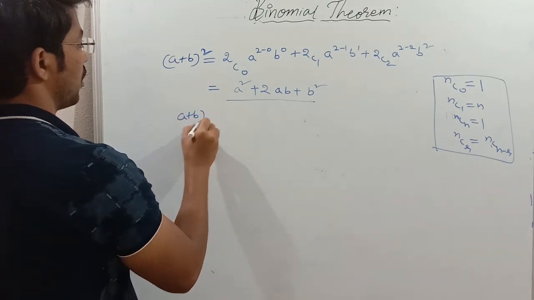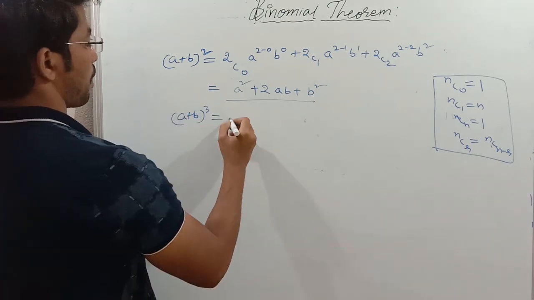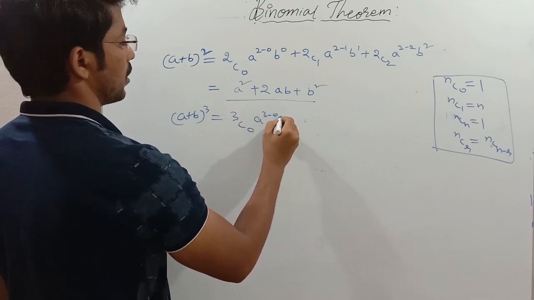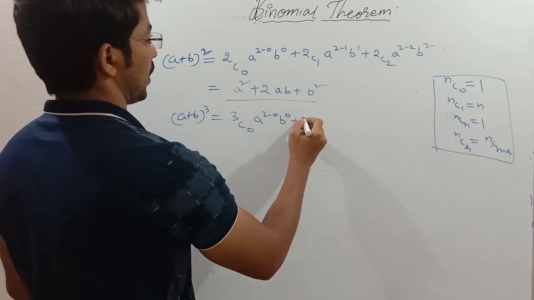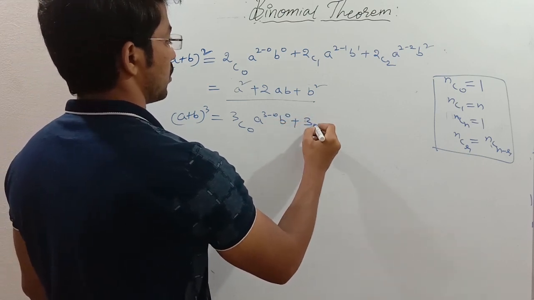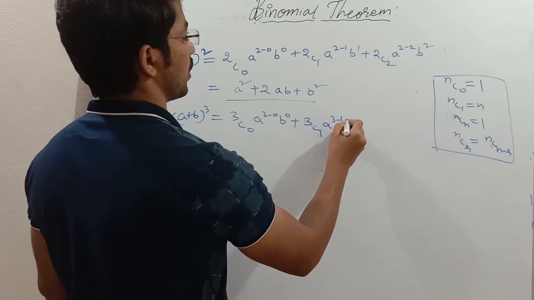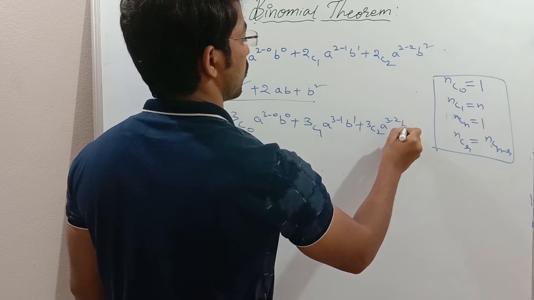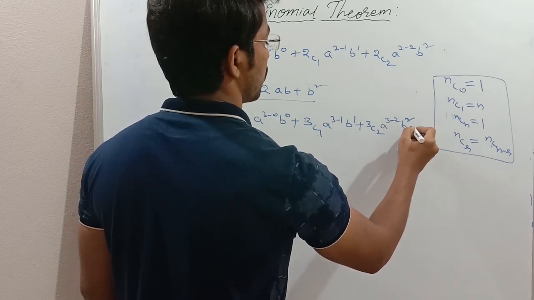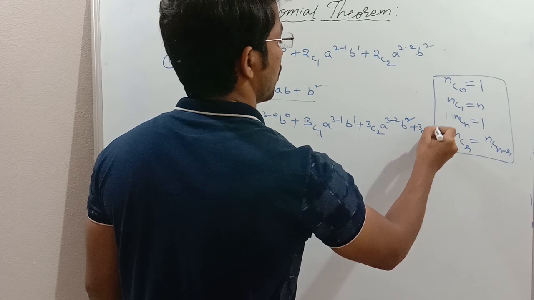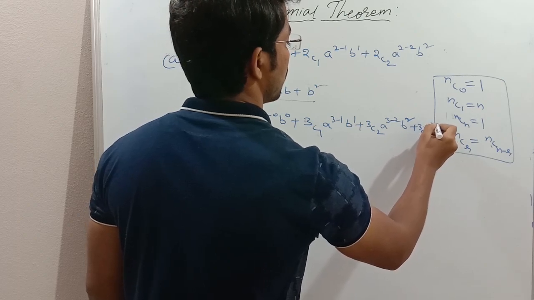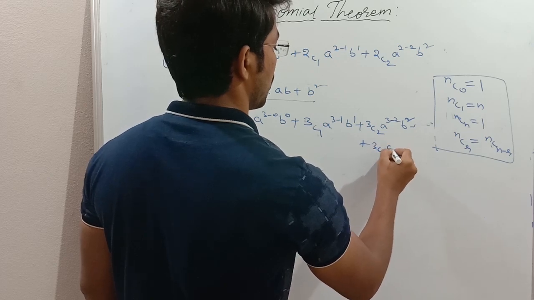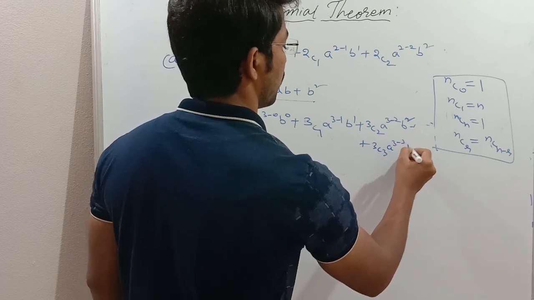Next, (a+b)^3 is equal to 3C0 a^(3-0) b^0 plus 3C1 a^(3-1) b^1 plus 3C2 a^(3-2) b^2 plus 3C3 a^(3-3) b^3.